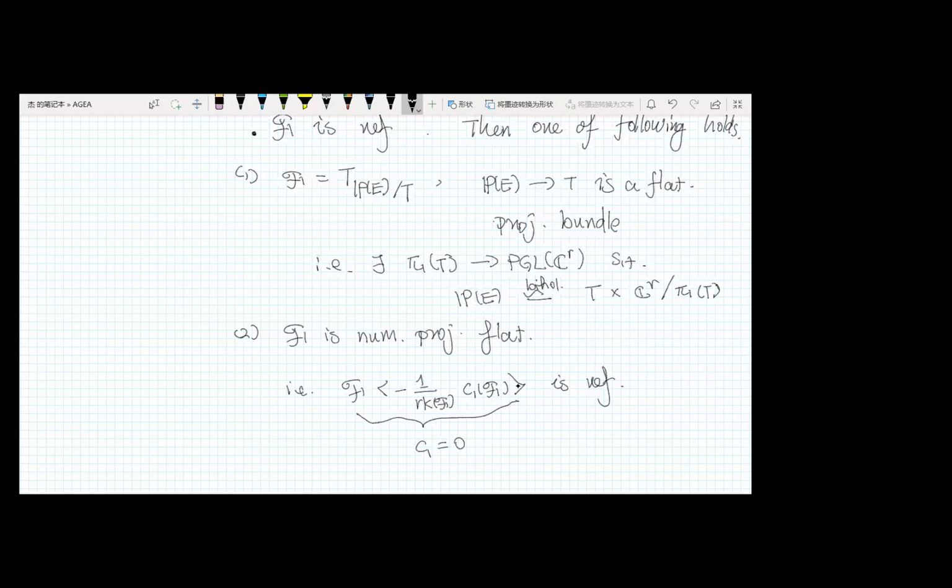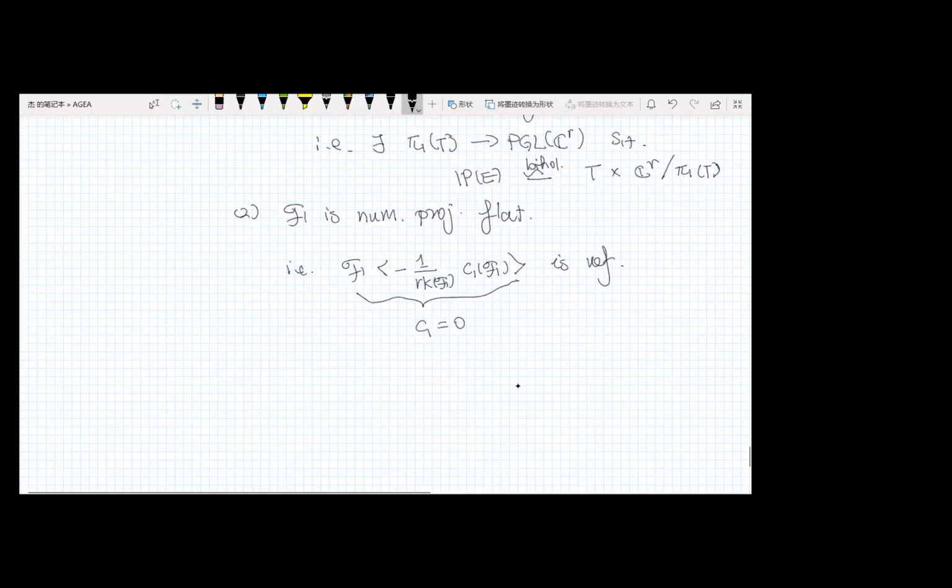So this just means in some sense this Q-twist is numerically flat. That just means that if you normalize to make the first Chern class of F to be 0, then this F is flat, numerically flat.